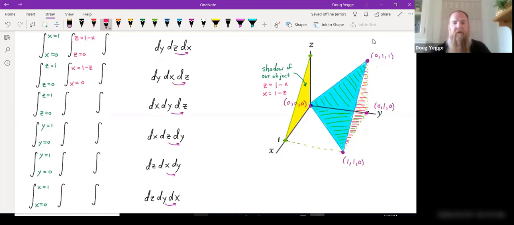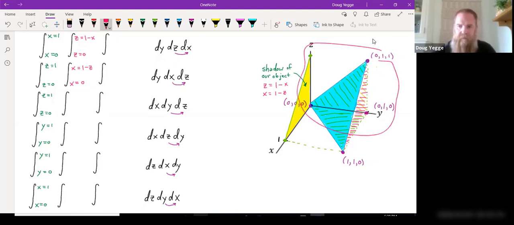Now let's look in terms of y and z. We're looking in the yz plane, just this plane right over here. I could see that as z changes from 0 to 1, y changes from something out to something else.